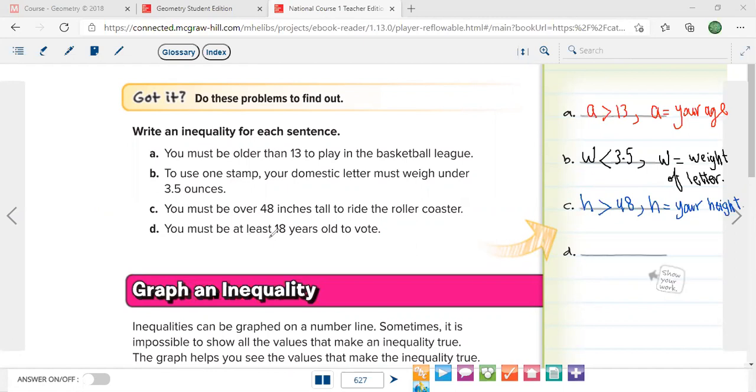If you refer to the previous lesson, you will find at least is greater than or equal. You must be at least 18 years old to vote. So we can say that A is greater than or equal to 18, such that A equals your age.